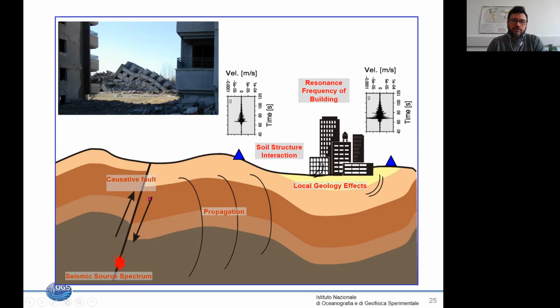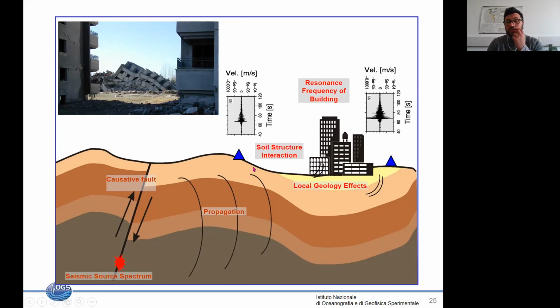This rupture is generating a signal and waves that are propagating through the crust. The propagation can be simple or complicated, depending on the medium. And of course, it is also affected by scattering and by attenuation due to quality factor and dissipation.